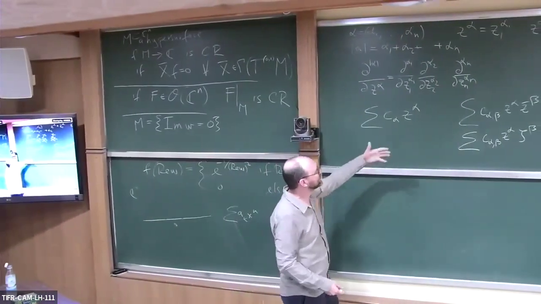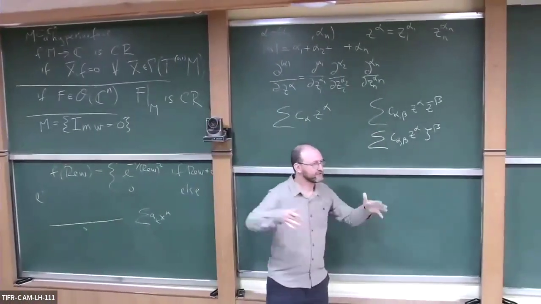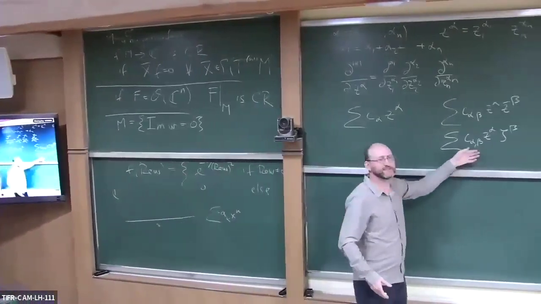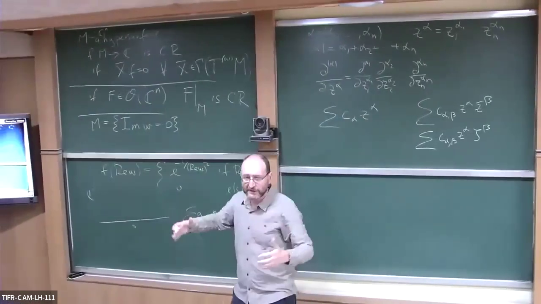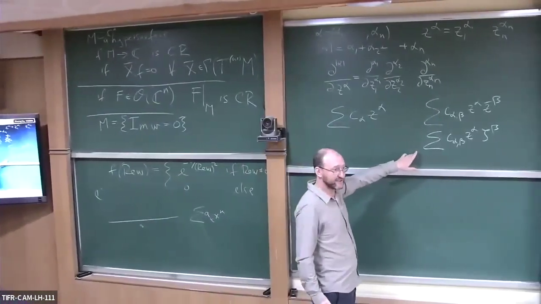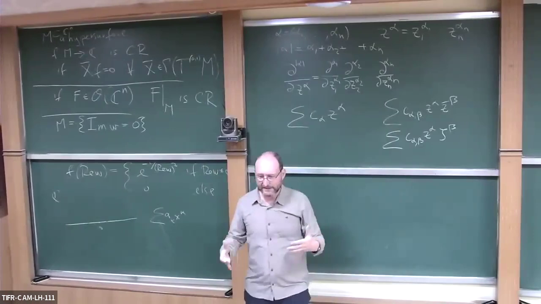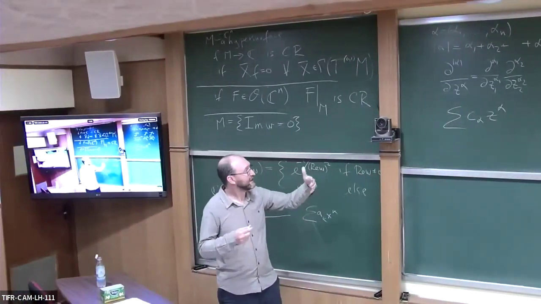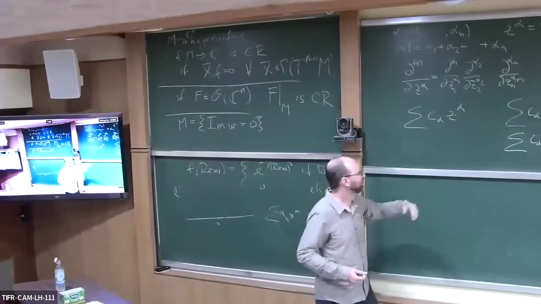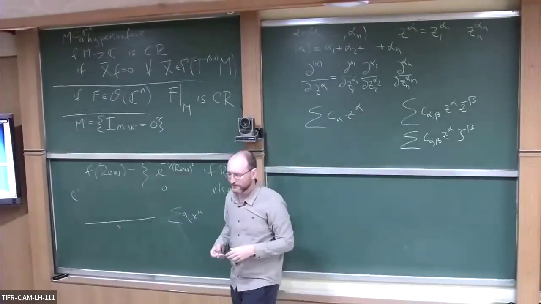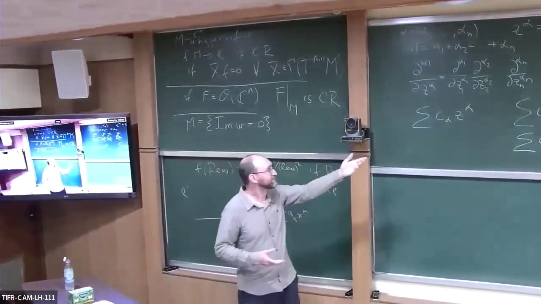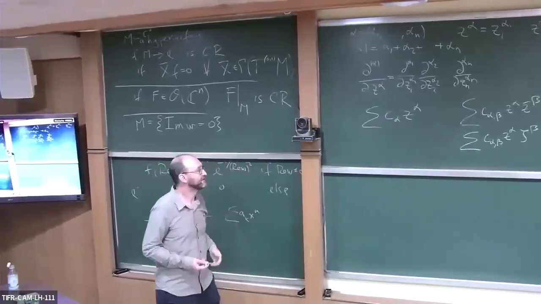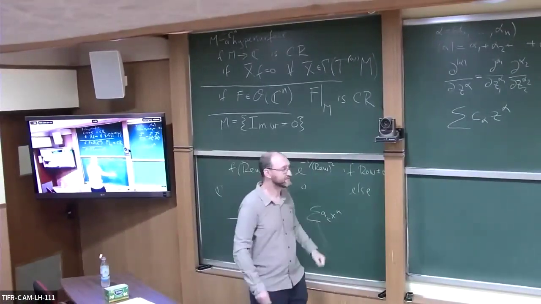And the idea is that if this thing converged, like if it has a positive radius of convergence, this is going to have a positive radius of convergence. This is going to converge in actually a larger set. The original converges in a neighborhood of the origin in R^n or R^2n, and this is going to converge in a neighborhood of the origin in C^n, and this in a neighborhood of the origin in C^2n, right?